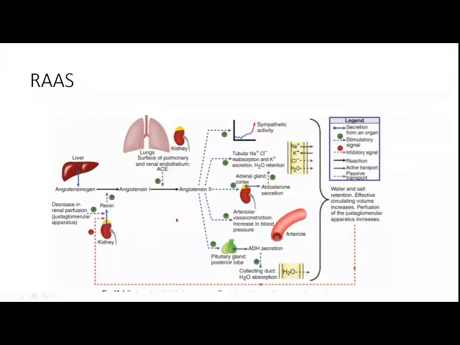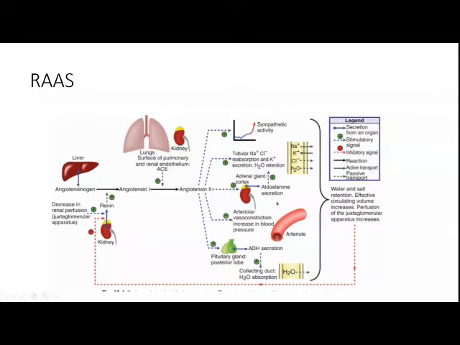Angiotensin 2 increases sympathetic activity of the kidney and acts on vascular arterial smooth muscles, causing arterial vasoconstriction. With angiotensin 2, there is tubular sodium reabsorption, potassium excretion, and water retention when there is loss of water.